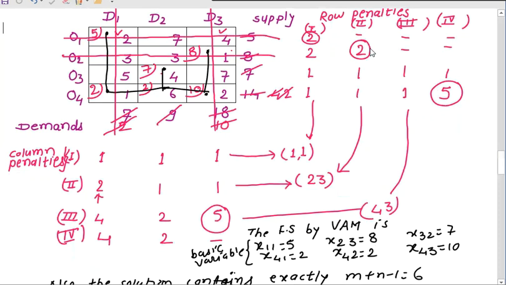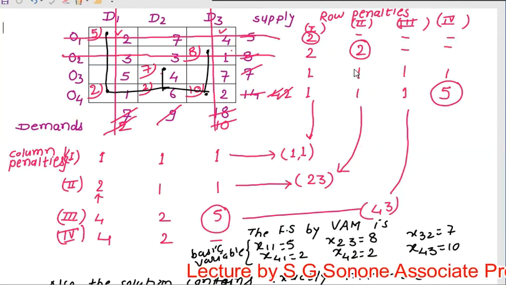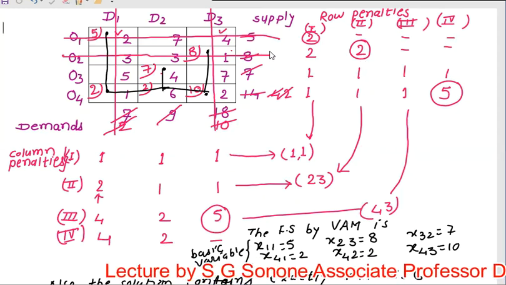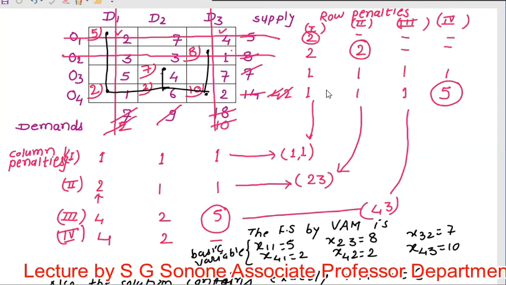So we have to calculate penalties in this method, and after calculating the penalties, we select the row having the largest penalty, or the column having the largest penalty, and in that row or column, select the cell with least cost and allocate the maximum possible quantity in that cell. Then either supply will be exhausted or requirement satisfied.